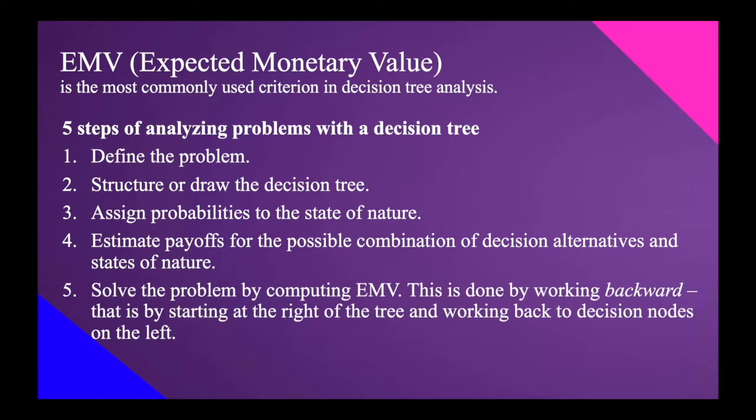And the last one is the computation of the expected monetary value. This computation of EMV is done by working backward. Take note, guys, it is worked out backward, starting at the right of the tree and working back to the decision nodes going to the left. Again, backward, from right to left.